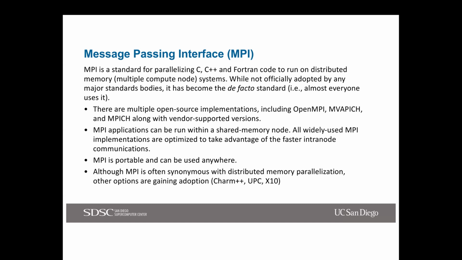MPI is a framework essentially for parallelizing C, C++, and Fortran applications. It's been around since, I think, about the late 90s, so it's pretty well established, and that's why you'll find it in many applications that have been developed for a long time.